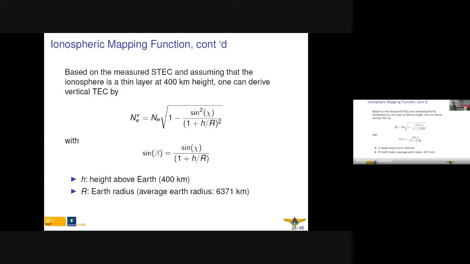One can derive the vertical TEC by applying this mapping function with these two angles, knowing the height above the Earth, 400 kilometers, and the Earth radius, averaging the average Earth radius with 6,371 kilometers. Then we arrive at the vertical TEC. So we use the N_e vertical to calculate from the slant TEC N_e.